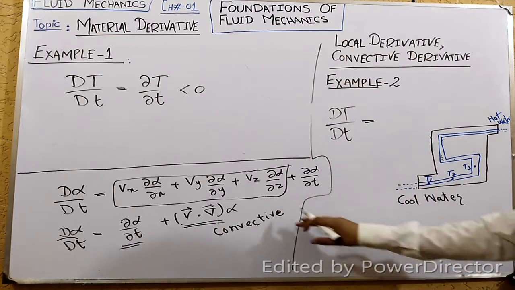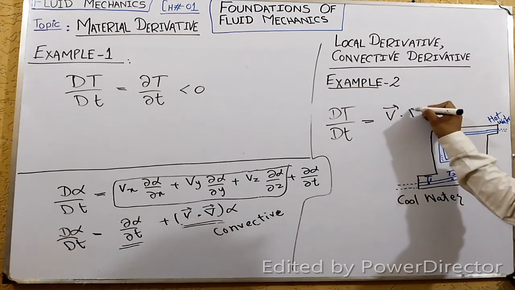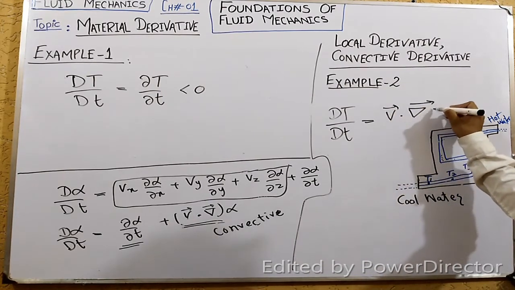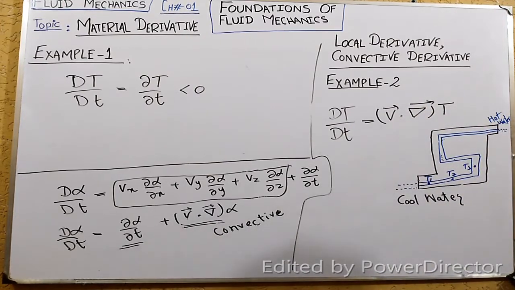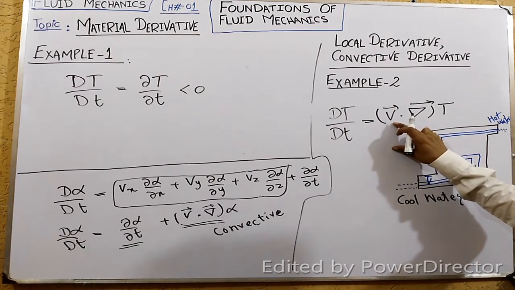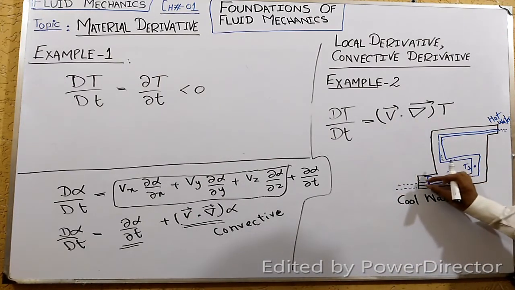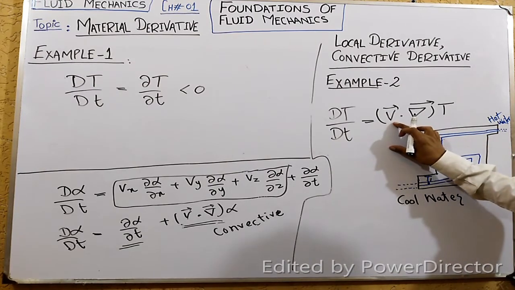Hence in this case the rate of change of temperature is equal to the convective derivative term. Note also that the velocity is non-zero because the water is flowing, and hence the velocity field is not zero.